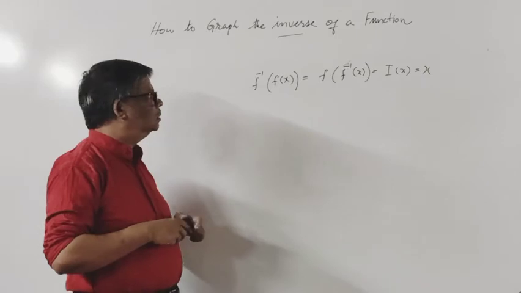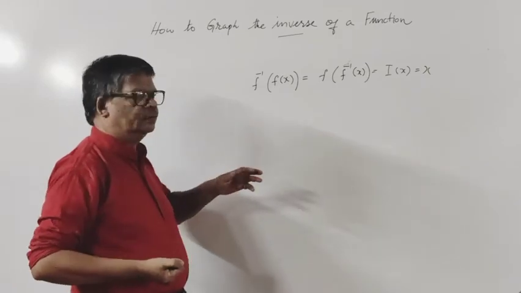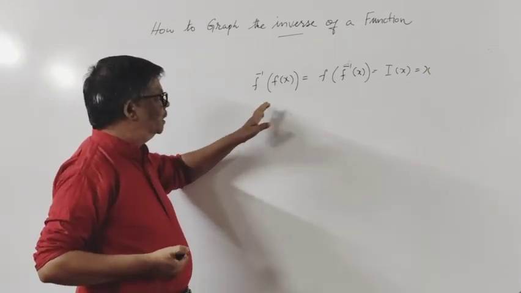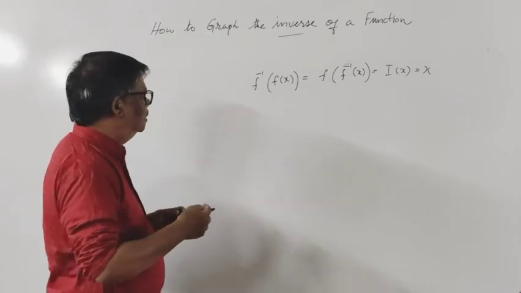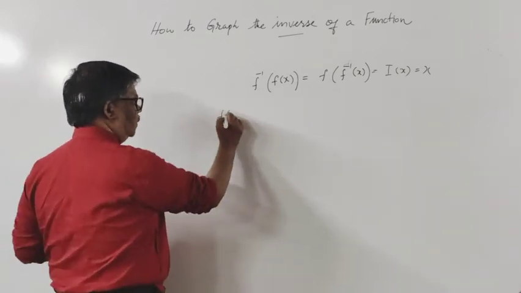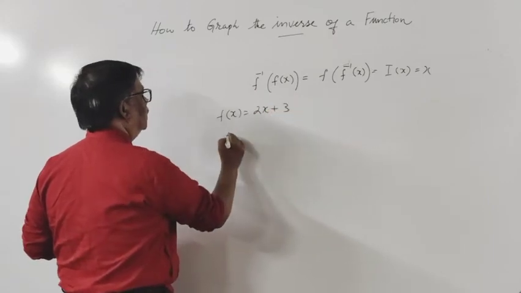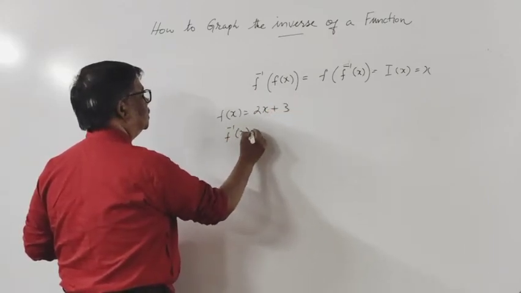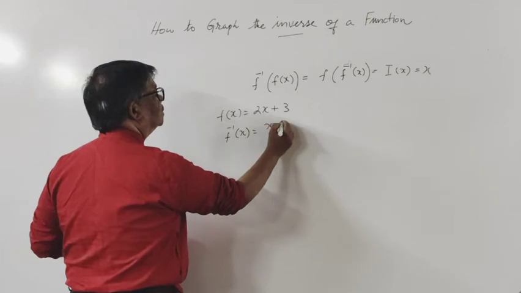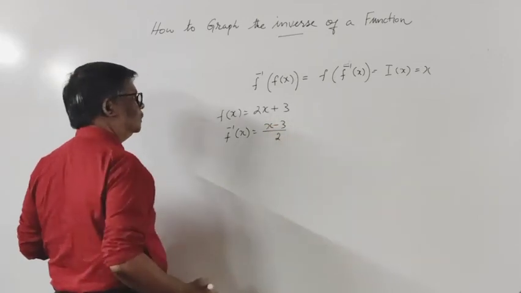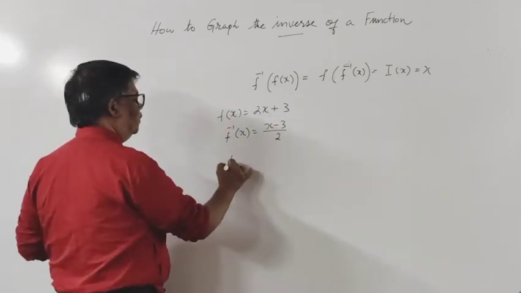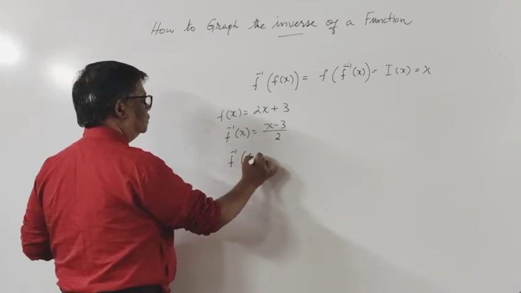Now let us see the meaning of it with the help of the example. We have f of x is equal to 2x plus 3 and f inverse of x we calculated as (x minus 3) by 2. Now what is f inverse of f of x?